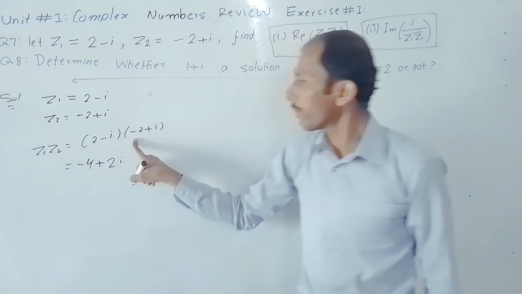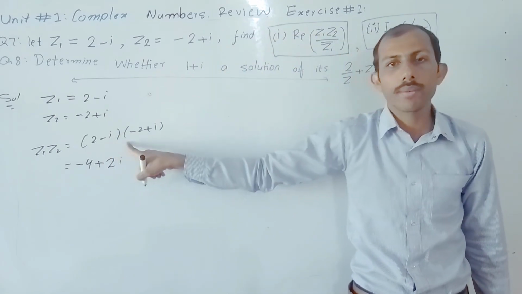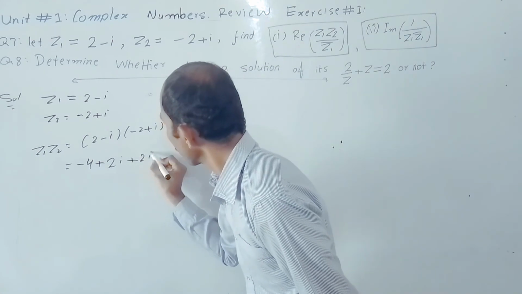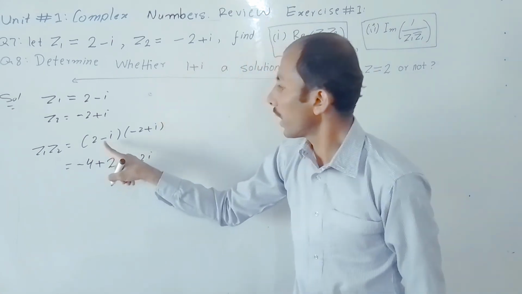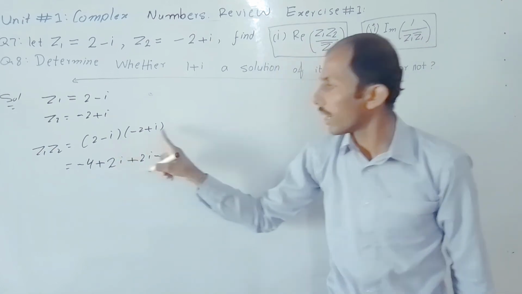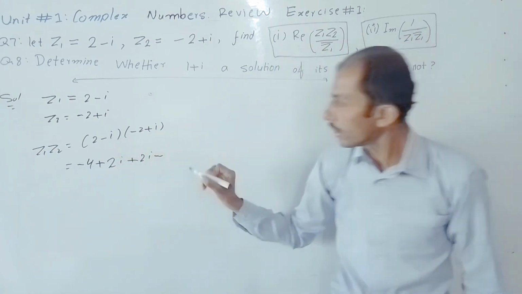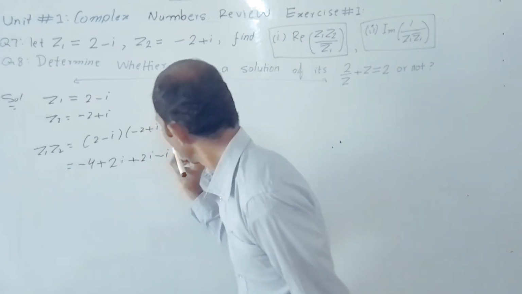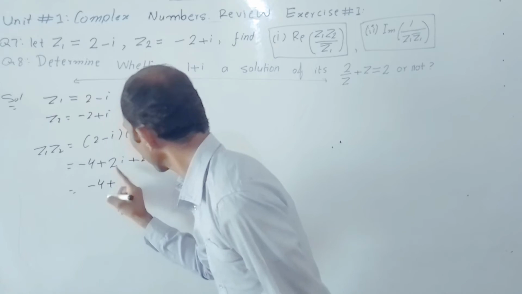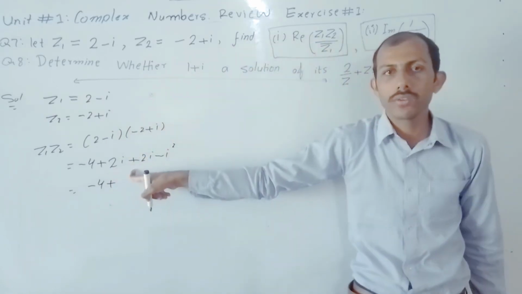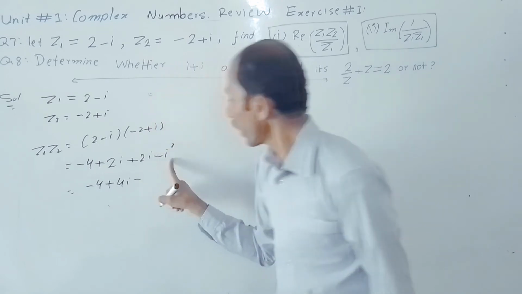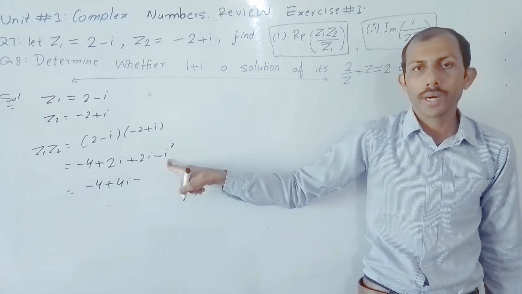Minus 1 multiply minus iota multiply minus 2 is equal to plus 2 iota. Then minus iota into iota is minus iota square, which is equal to minus 4 plus 2 iota plus 2 iota is equal to 4 iota. Iota square is equal to minus 1.